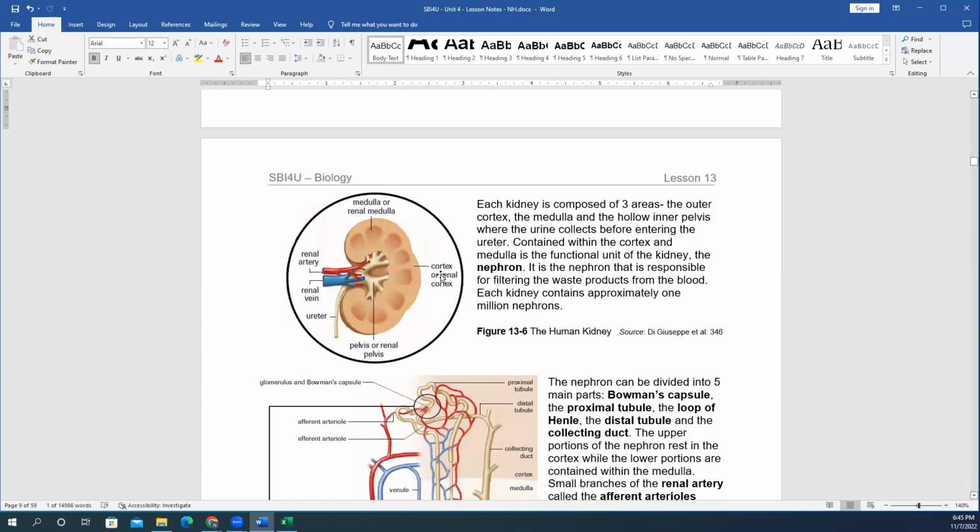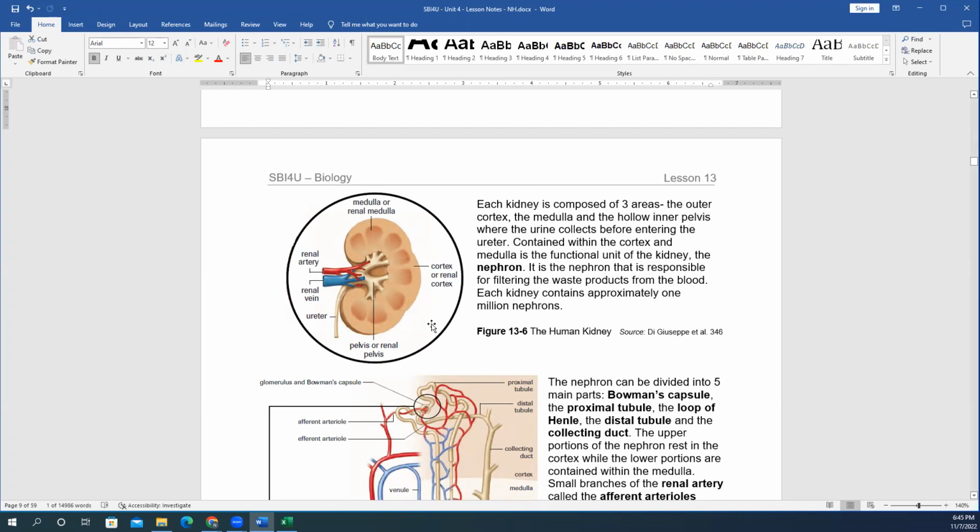Contained within this cortex and also the medulla are these lobes that you see. They kind of look like lobes. Also contained within the cortex and the medulla is what we call the functional unit of the kidney, which is called the nephron.